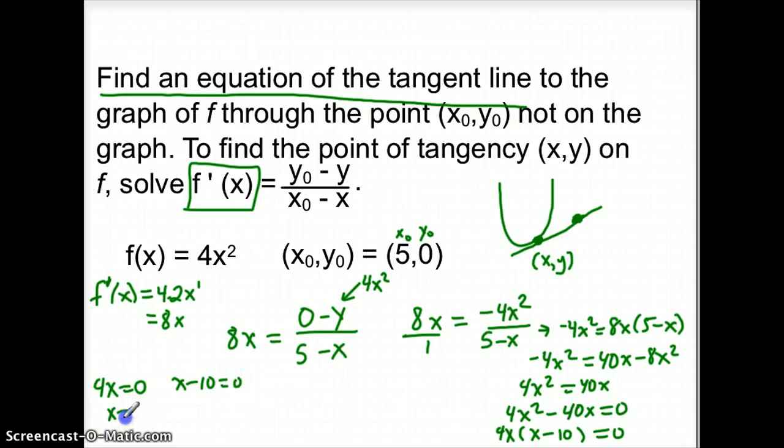Here, if we solve this, x is 0. I've got two places where I might have a point of tangency, 0, 0 and 10, or not 0, 0. Yeah, it is 0, 0. You find that by plugging it into here, or 10 to find both of those equations.